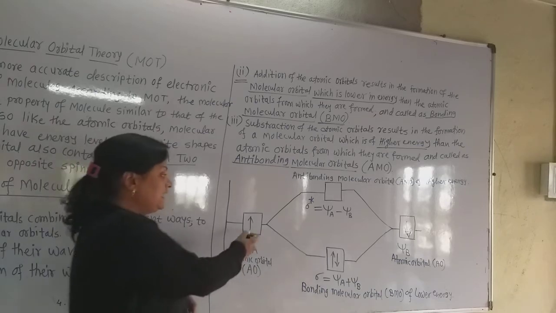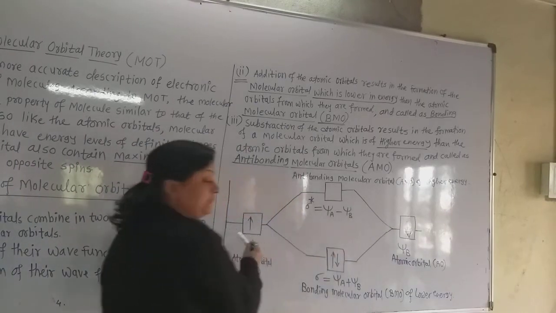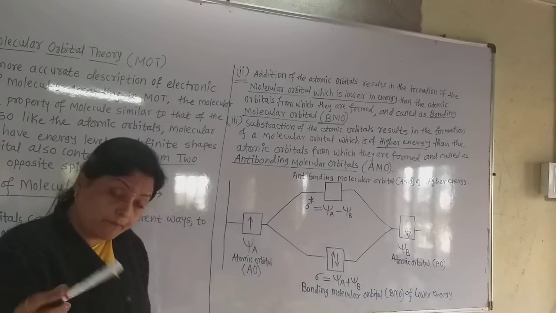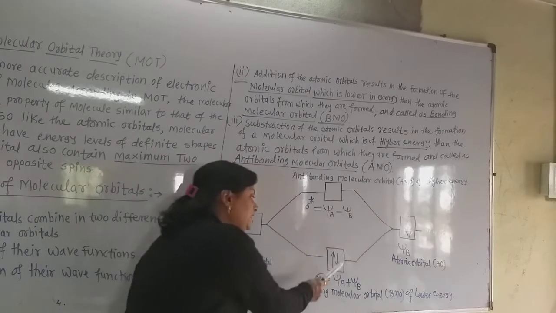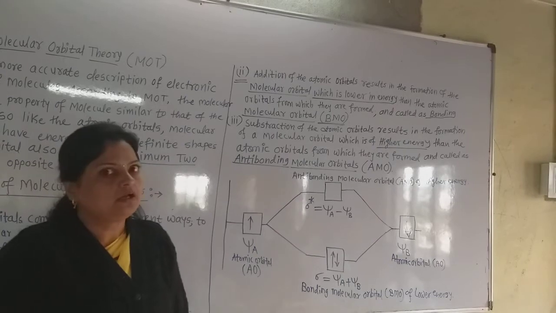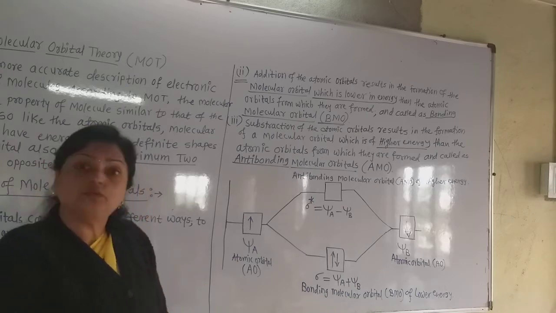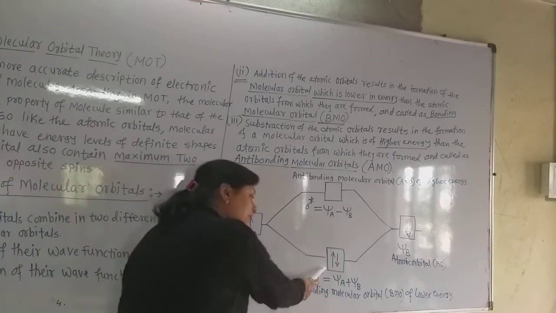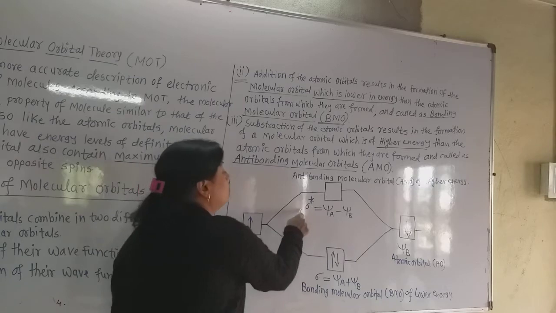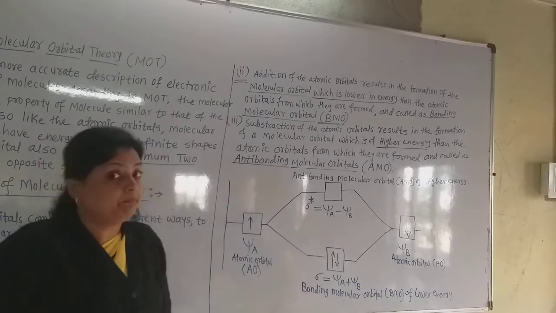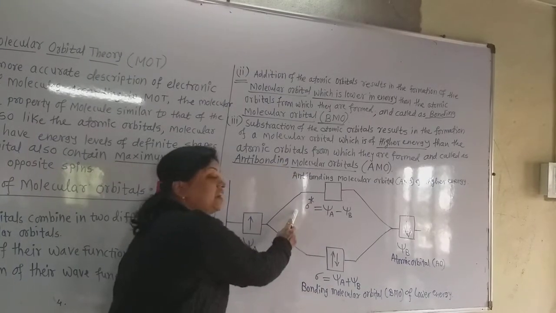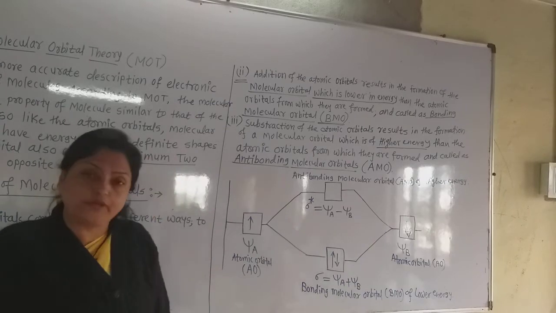Both of the electrons with opposite spins always go first into the bonding orbital, and you know that a bonding molecular orbital can have a maximum of 2 electrons with opposite spin. So both electrons go into the bonding orbital rather than the anti-bonding orbital, because the anti-bonding orbital has higher energy than the atomic orbital.